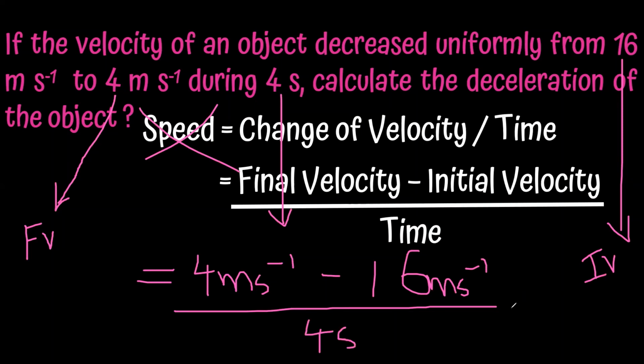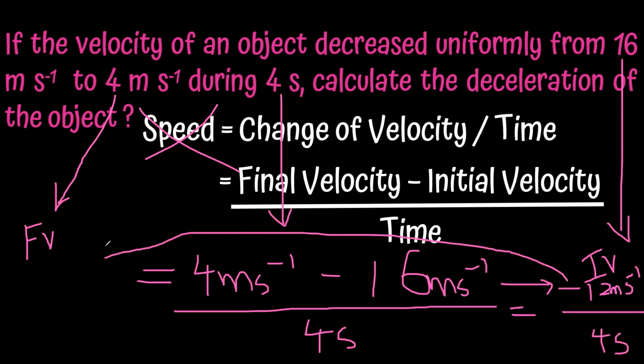So the answer here is minus 12 ms minus 1, because 4 subtracted by minus 16 ms minus 1, over 4 seconds. So there's a minus number. We learned that if there's a minus number, it's a deceleration. Okay, so the answer is 3 ms minus 2, or 3 meters per square second.